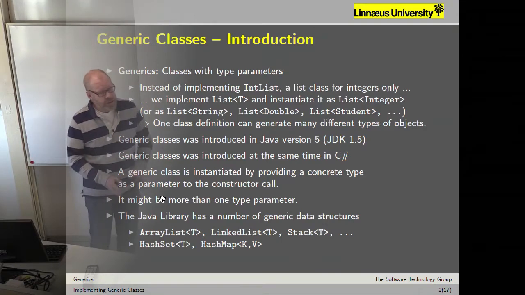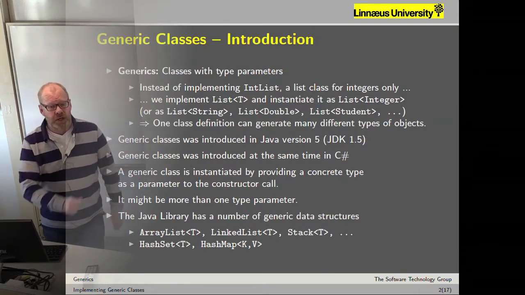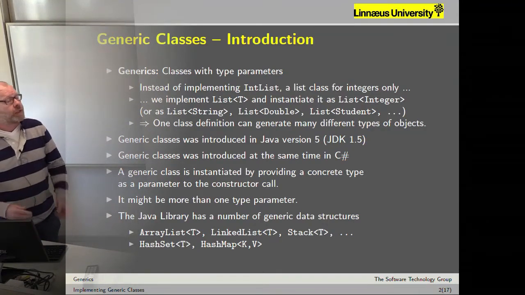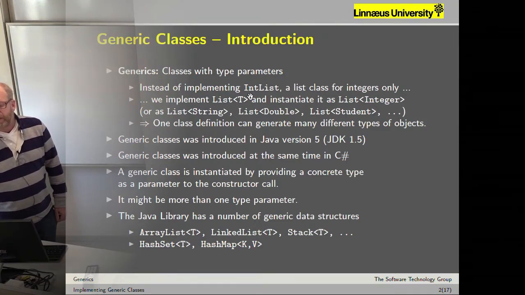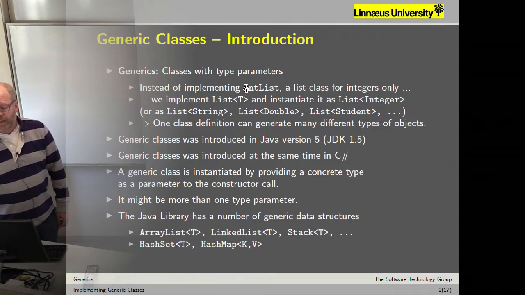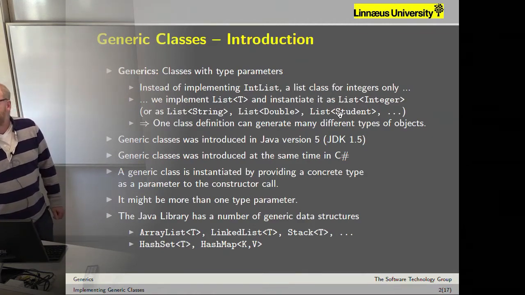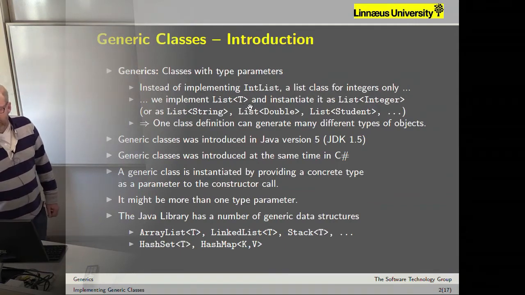When we create a new object, we instantiate it, saying that this one should work with integers and things like this. So instead of implementing a class like IntList, in the future we would like you to implement a generic class List, which you can later instantiate as a list for strings, doubles, or students. So these are generic classes, classes with type parameters.